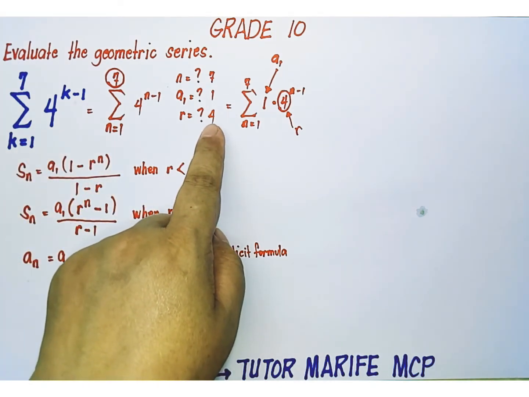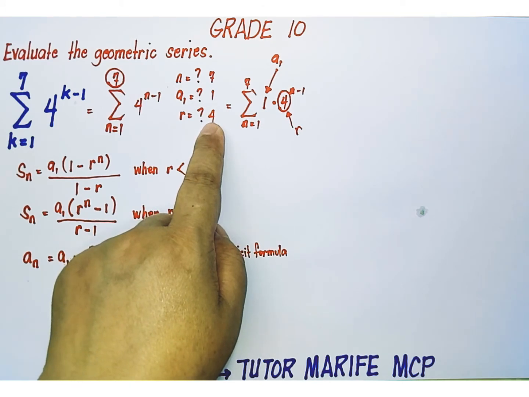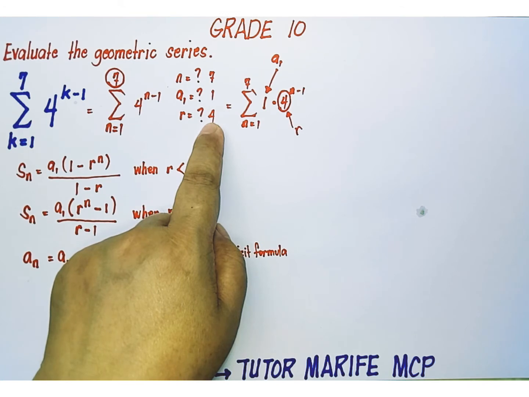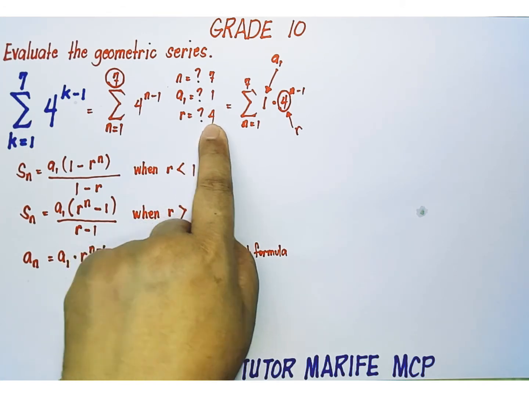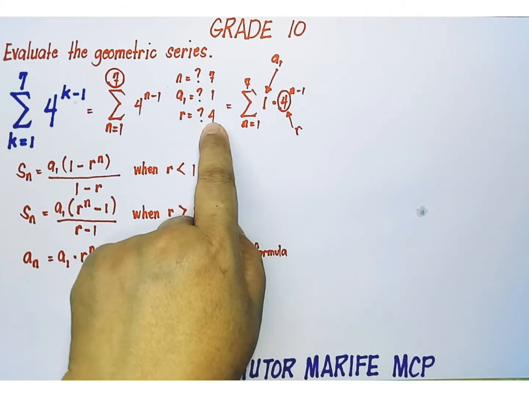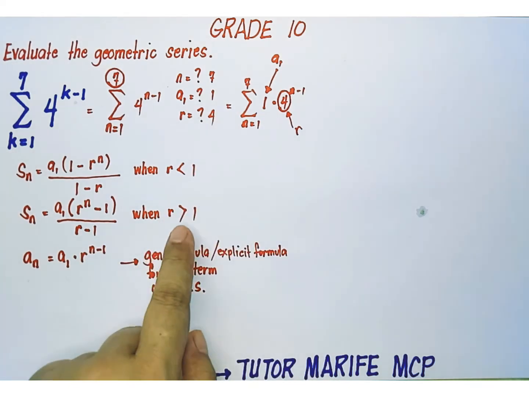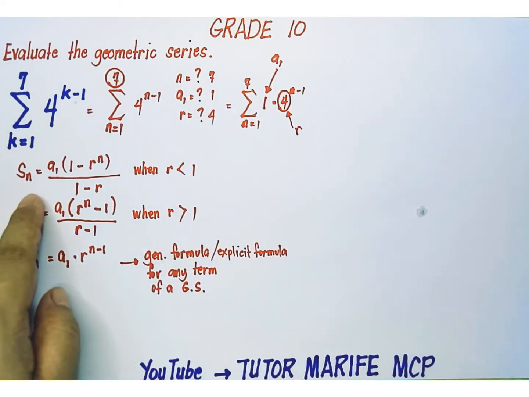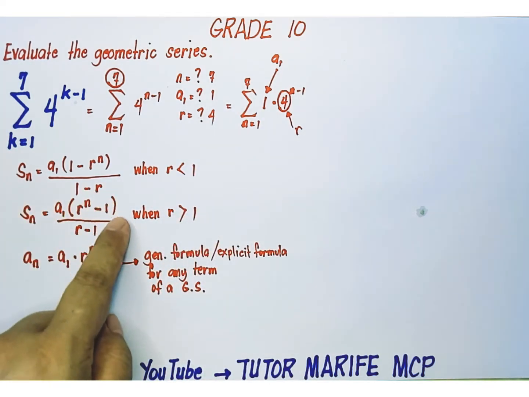Okay. Is 4 greater than 1 or less than 1? It's greater than 1. So, if it's greater than 1, we will use the second sum formula.